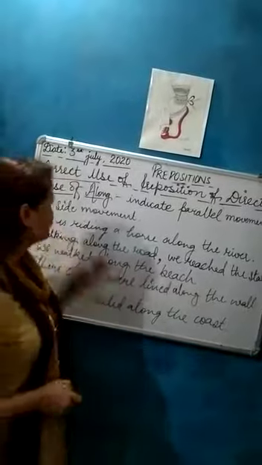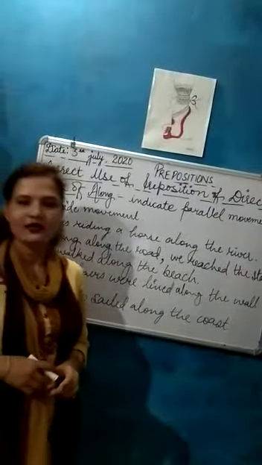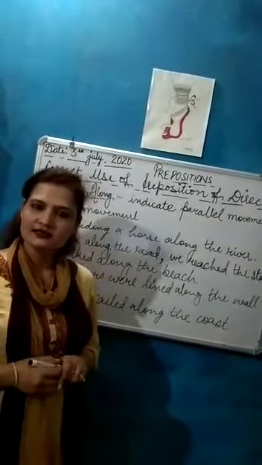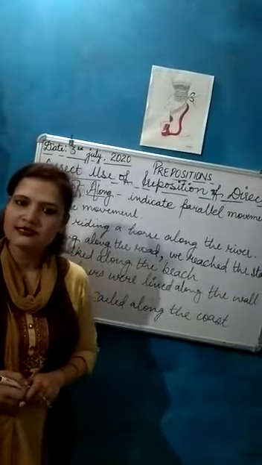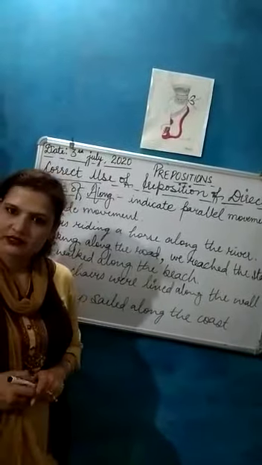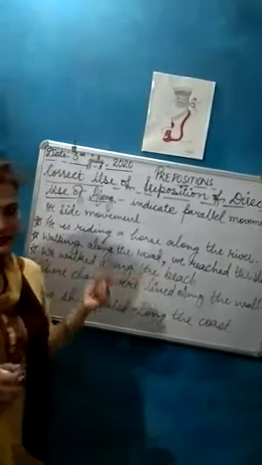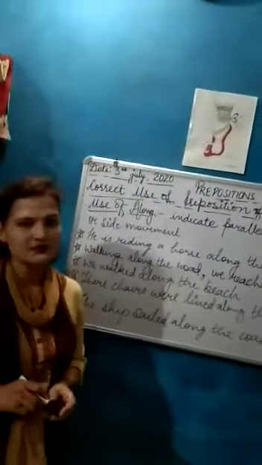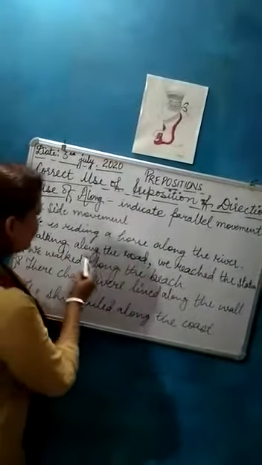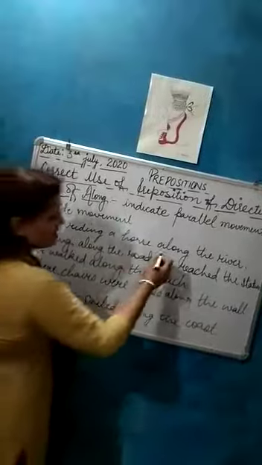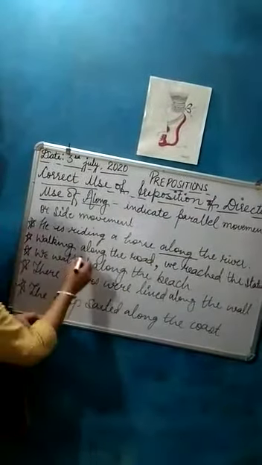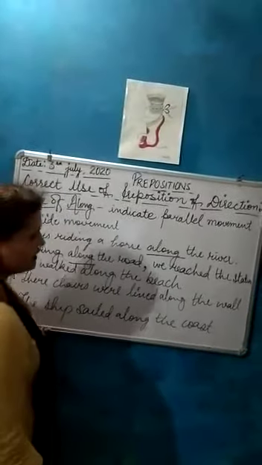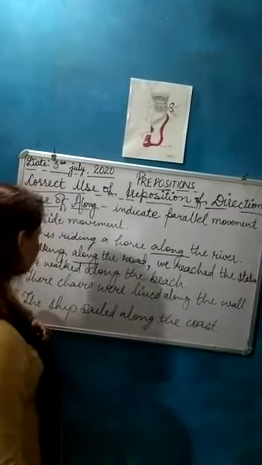Another one is the use of along. Along is used to indicate parallel movement or side-by-side movement. Here are some examples related to the preposition along. He is riding a horse along the river. Walking along the road, we reach the station.